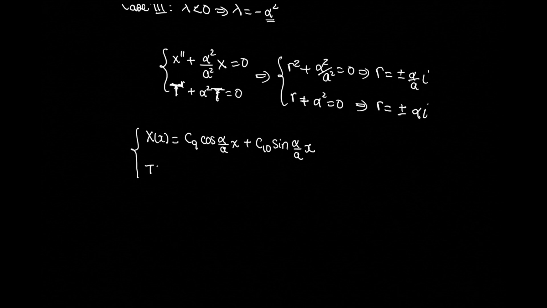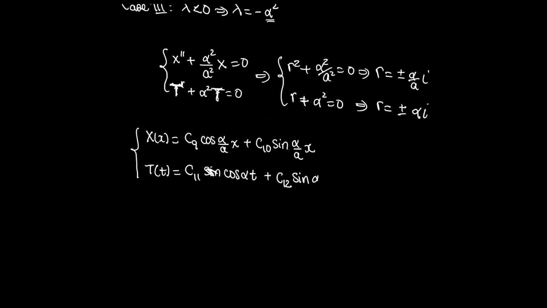And then for t, for time, I'm going to do C11 cos alpha t plus C12 sin alpha t. The order doesn't matter, but I'm just going to keep the order constant.